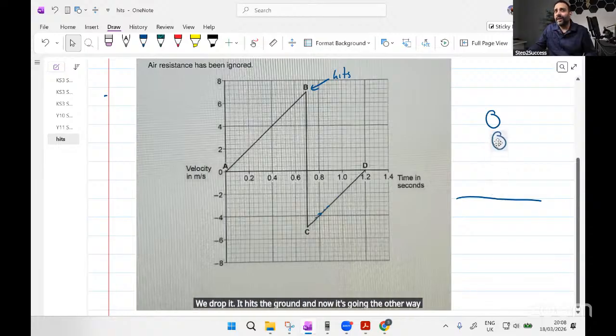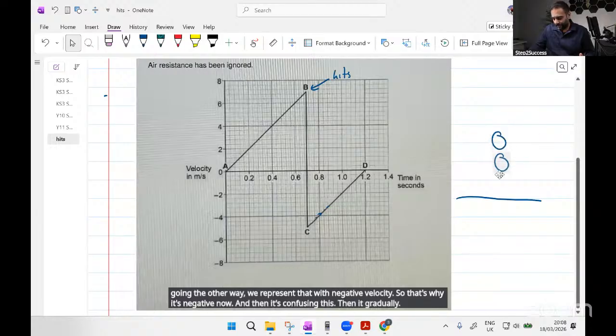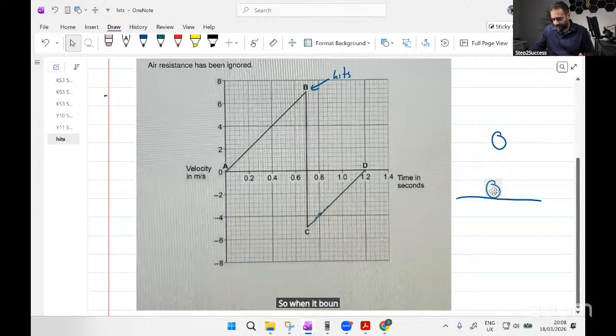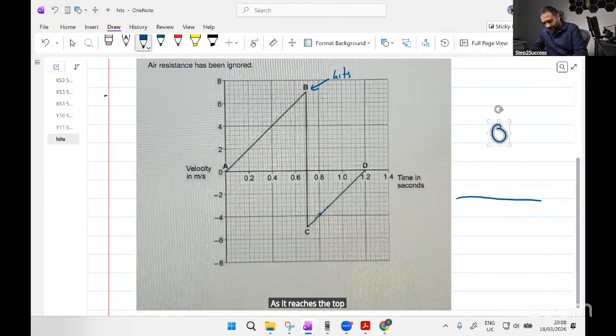When it's going the other way, we represent that with negative velocity. So that's why it's negative now. And when it bounces, it's going at a certain speed, but then it slows down again as it reaches the top of its height. So here it's at the top there.